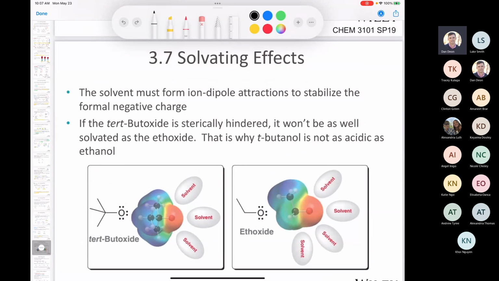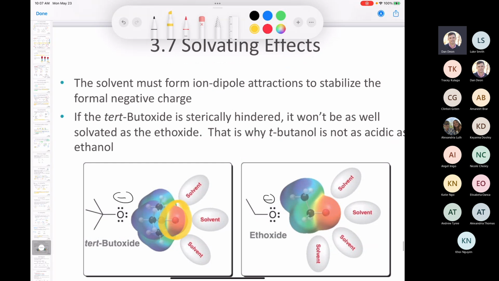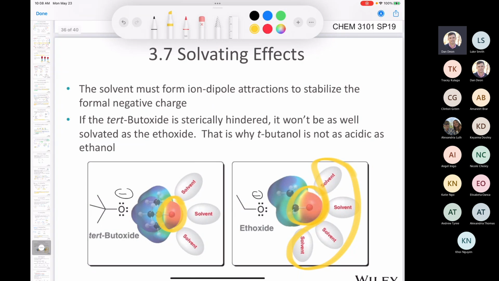If we think about our conjugate bases, whether it's the tert-butoxide or the ethoxide, the way that they're stabilized is by solvent molecules gathering around the negative charge on the oxygen. But when we have the ethoxide, we can squeeze more solvent molecules around it to provide more stabilization of that negative charge.